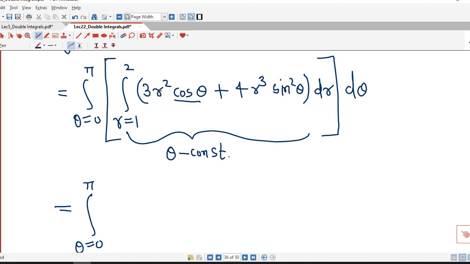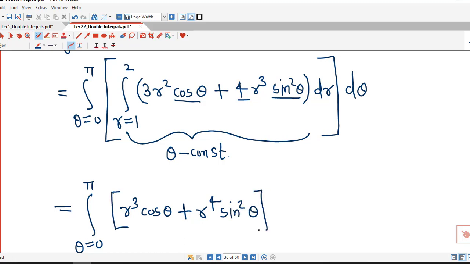Integral of r squared is r cubed by 3, so 3 will cancel out and we have r cubed cos theta. Here also sin squared theta is constant. Integral of r cubed is r to the 4 by 4, that will cancel out this 4. So we have r to the power 4 sin squared theta, and limits of r are from 1 to 2.